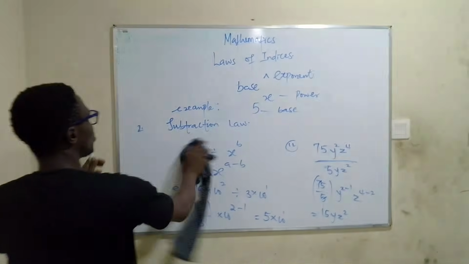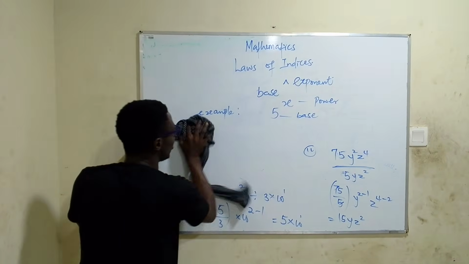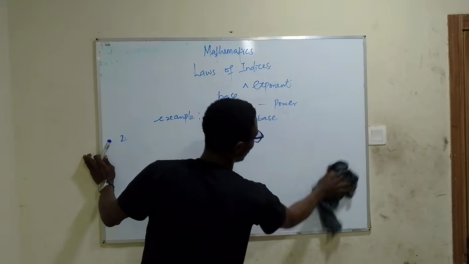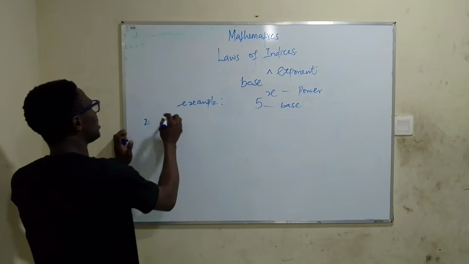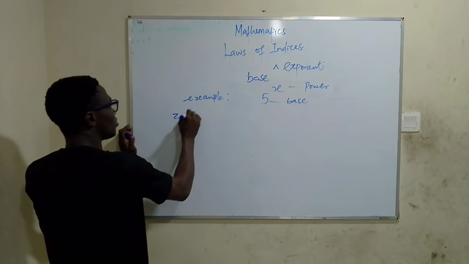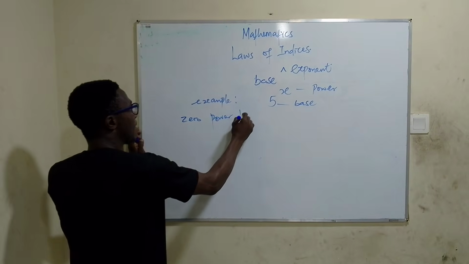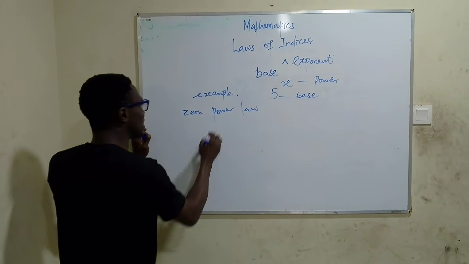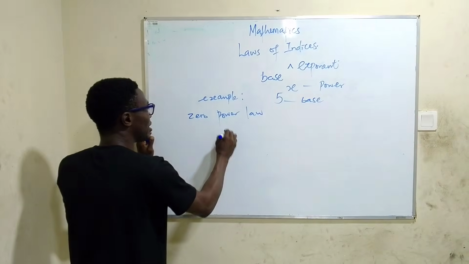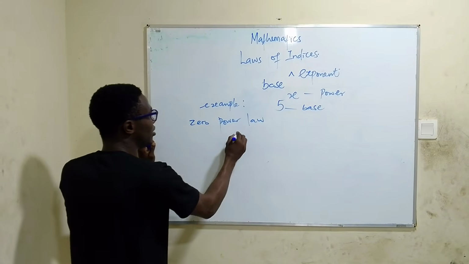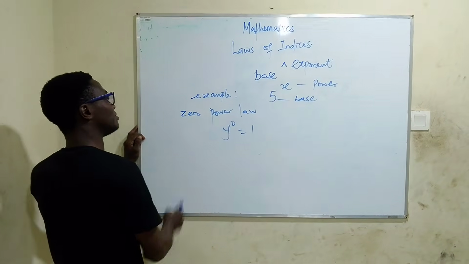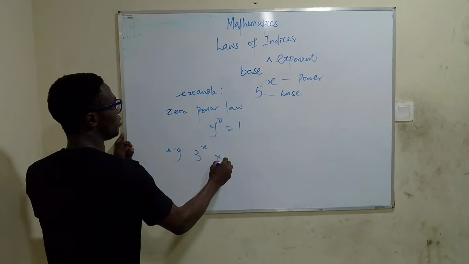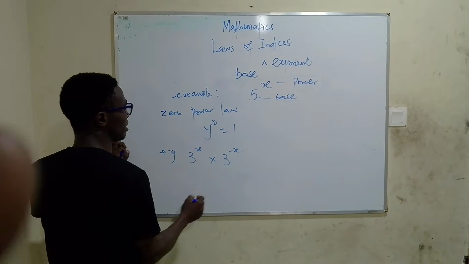Now let's talk about the zero power law. Any number, any variable to the power of 0 will give us 1. Let's take, for example, 3 to the power of x multiplied by 3 to the power of minus x.